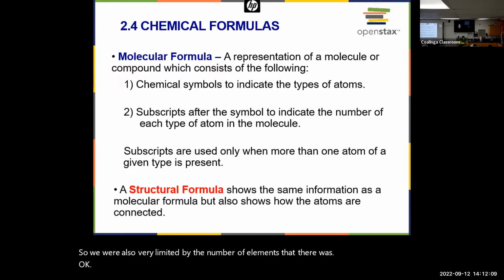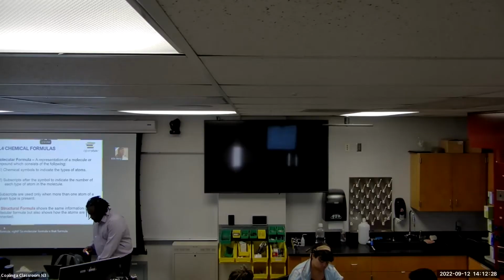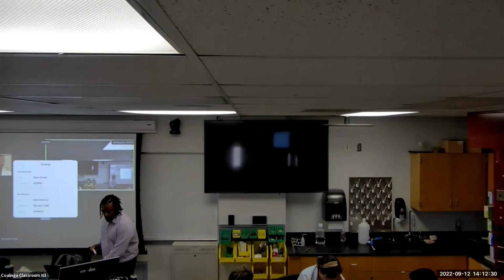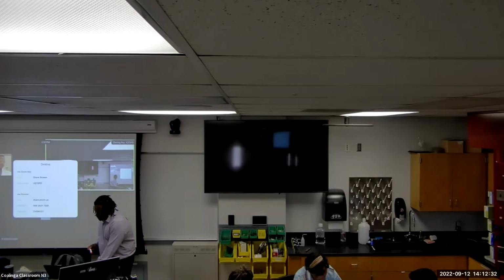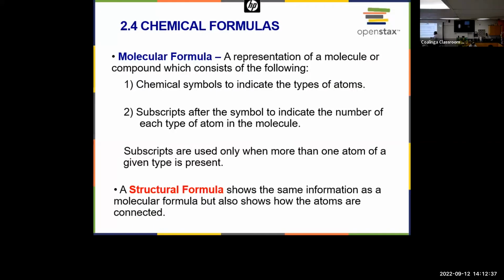So molecular formula, right? The molecular formula is that formula.